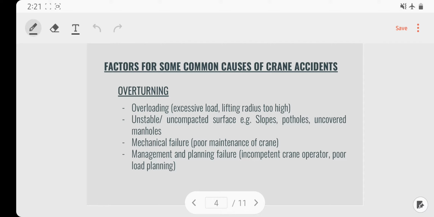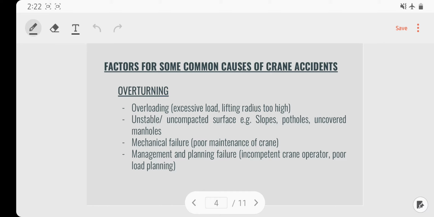And then another example is mechanical failure. This is due to poor maintenance of the crane. Mechanical failure, we can categorize such as when the boom of the crane is extended too far from the crane itself. This may cause the crane to lose balance.